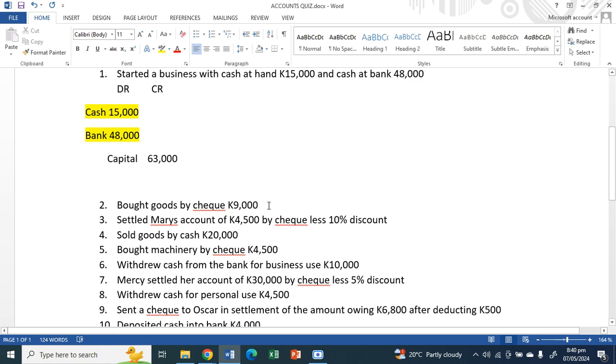So in this transaction, we are buying goods for resale. So if you're a business and whenever you purchase goods, those goods are for resale. So the two accounts involved are the purchases account, which is an expense account, and the bank account, which is an asset account.